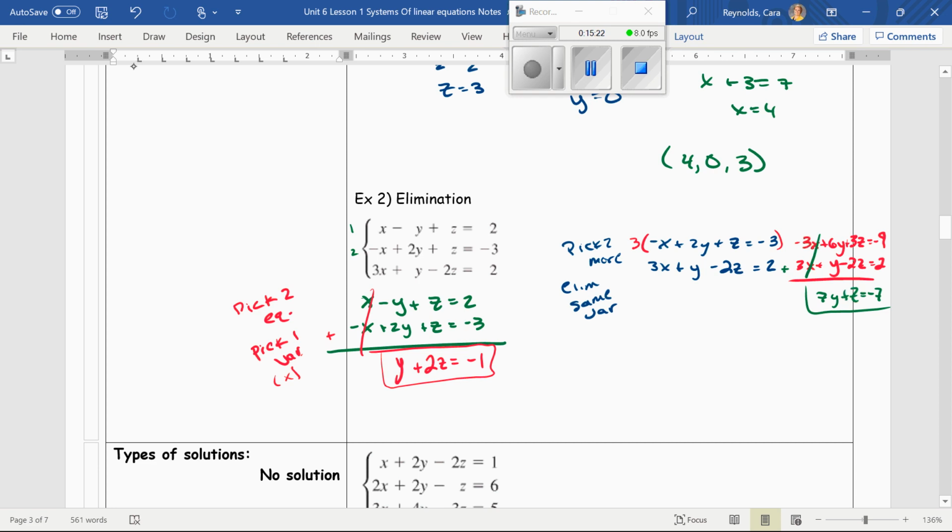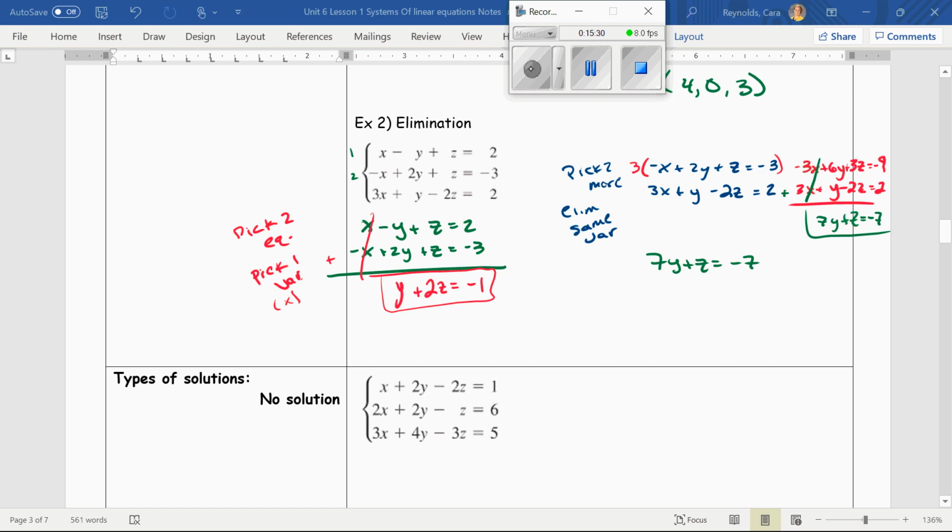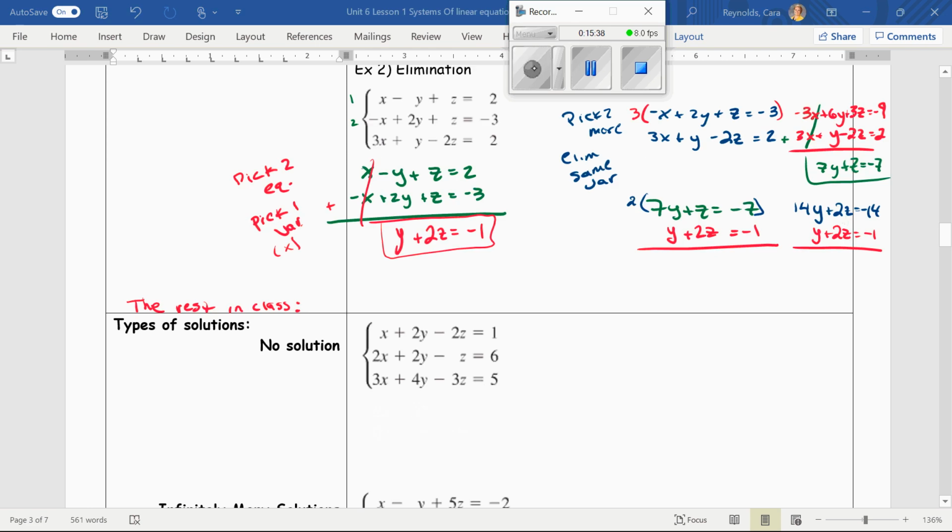And so now we have 7y plus z equals -7. Right, and y plus 2z equals -7. Okay.